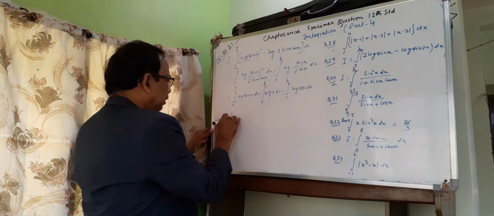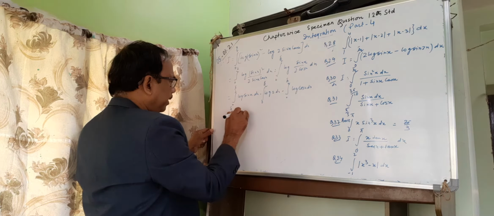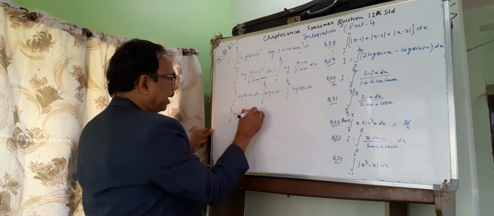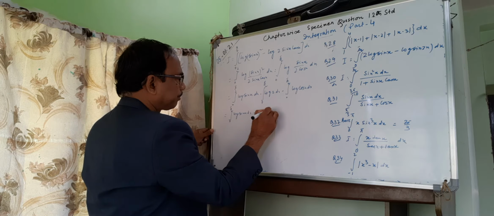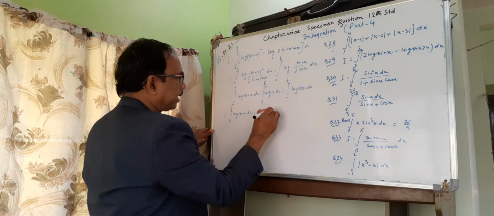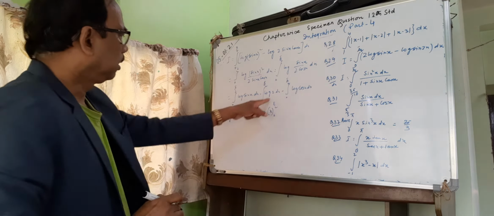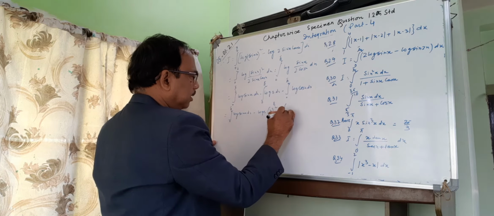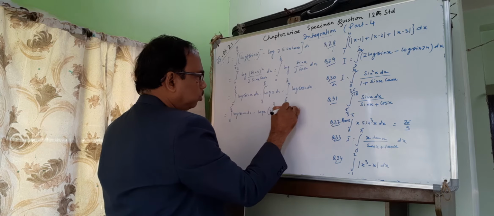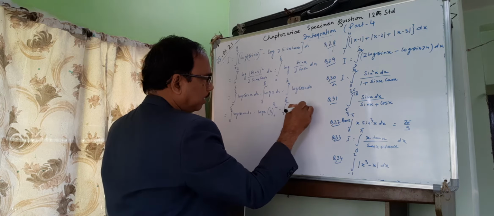Now 0 to pi by 2 log of sine x dx minus log 2, which is constant, this is dx, integration x with limit 0 to pi by 2, minus 0 to pi by 2 log of cos pi by 2 minus x dx.